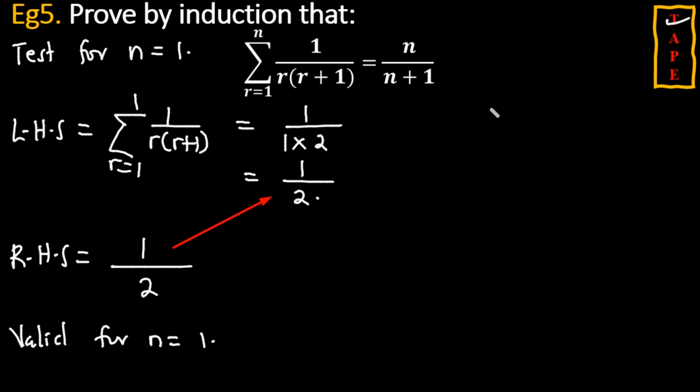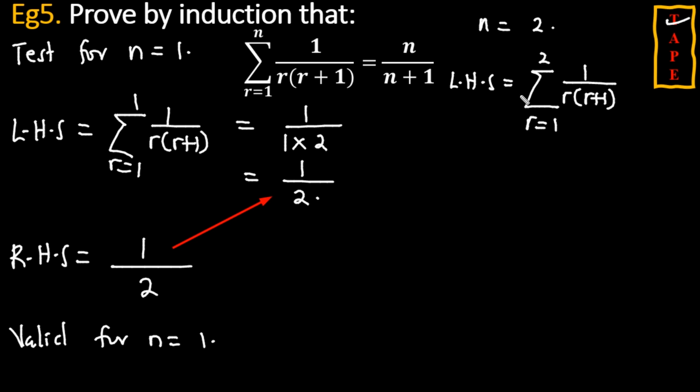Now I'm going to test for n is equal to 2. On the left hand side, we have the summation of 1 divided by r into r plus 1 when r ranges from 1 up to 2. So we are going to substitute. When we substitute 1, we shall have 1 divided by 2.